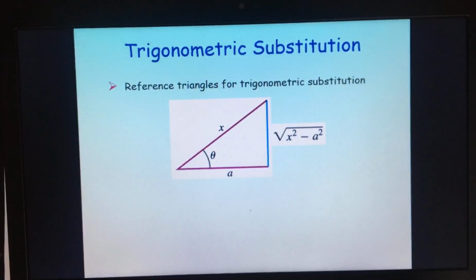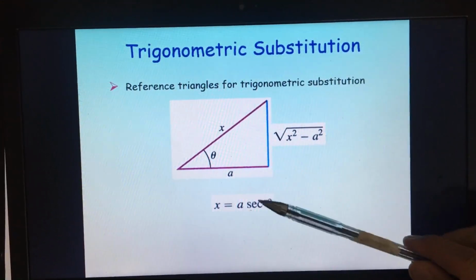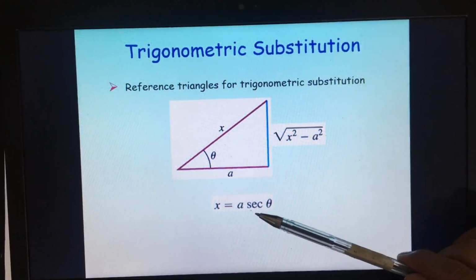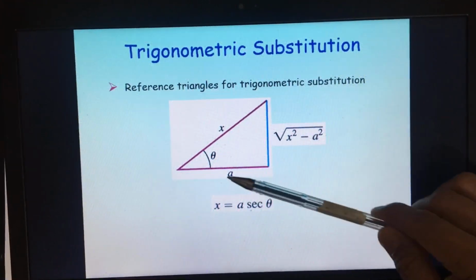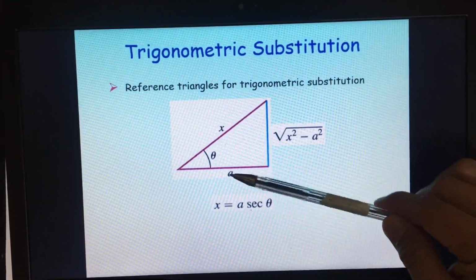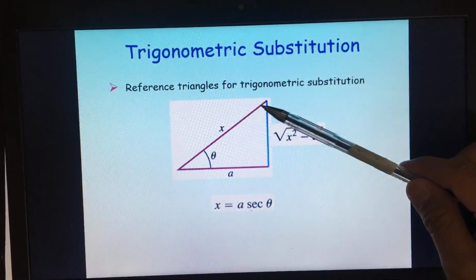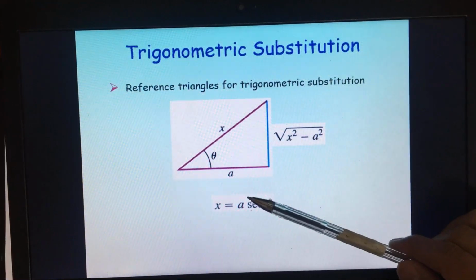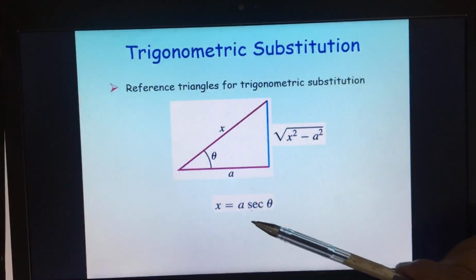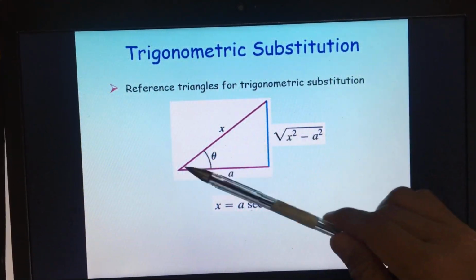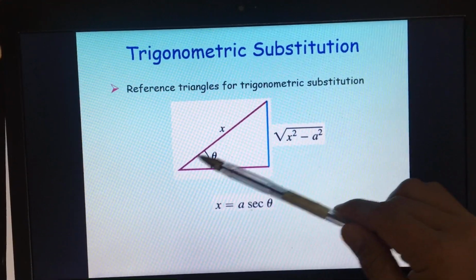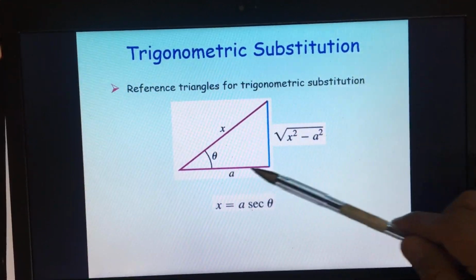Now for our substitution, it's much easier for us to use secant, because when we use secant, we just involve these two sides: this leg and this hypotenuse. Secant theta is hypotenuse over adjacent.